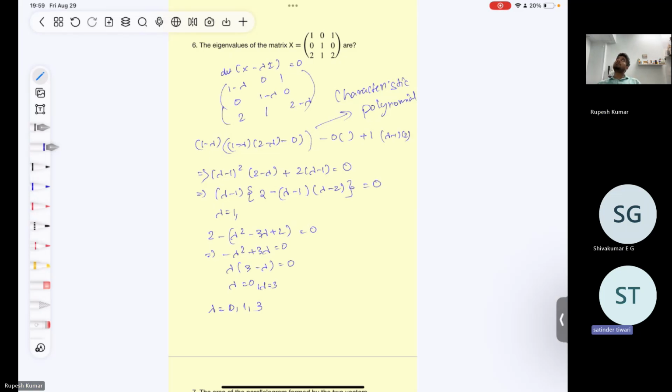So can we come to the answer directly to 1 and 3 by some way, instead of expanding? I'm thinking, if it is more dimensional, if you can convert it into a diagonal form somehow, if you can transform it into a diagonal matrix, then you can come to this. Otherwise, we have got the equation in the beginning only.